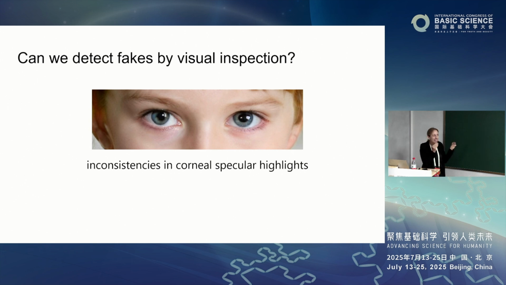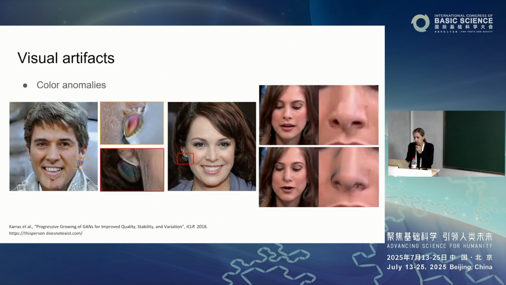There are inconsistencies in the corneal specular highlights. And actually there are papers published in the literature that try to check this asymmetry in the eyes, together with other asymmetries, like I'm showing you in a moment. Here you can see some weird stuff on the ears, or even some weird colors.